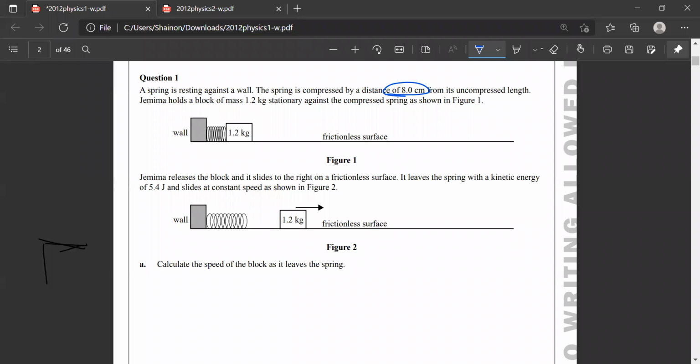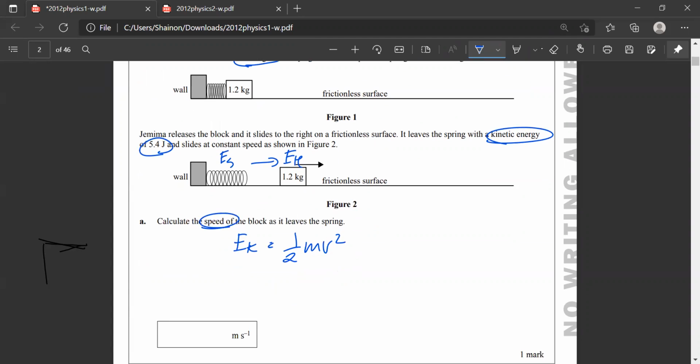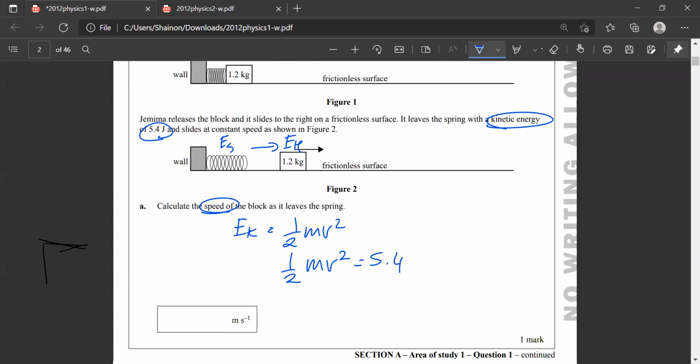This has a mass of 1.2, and this is strain to kinetic. Calculate the speed. The kinetic energy is 5.4, so then using EK, the mass is 1.2.